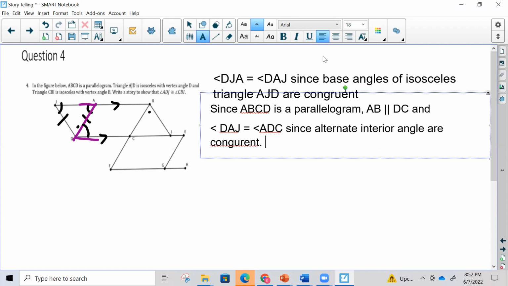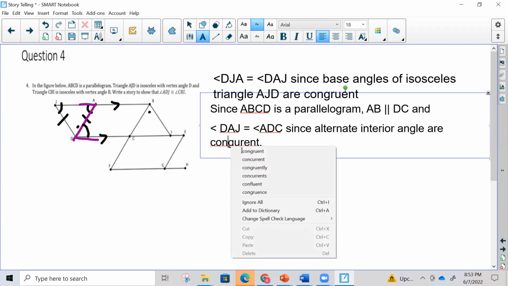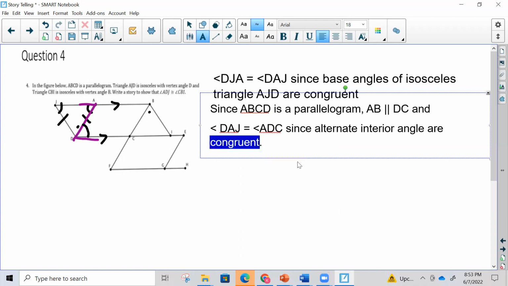Since alternate interior angles are congruent because the lines are parallel, so we have to know that part. Okay, so right now I have DAJ is equal to ADC in that parallelogram.